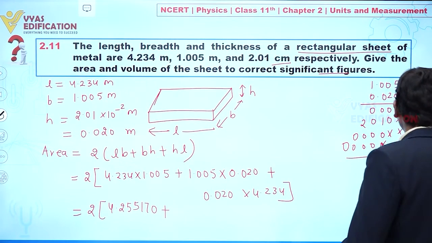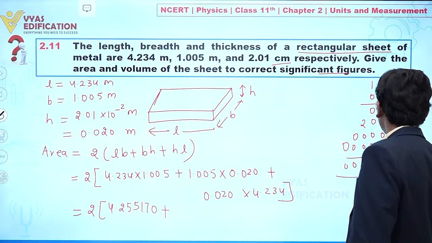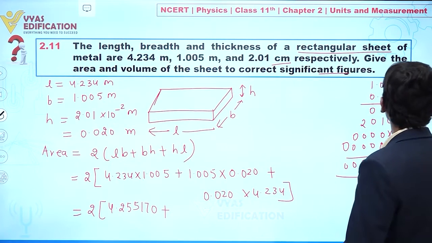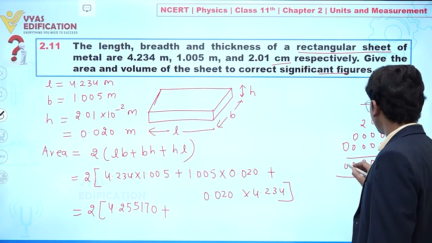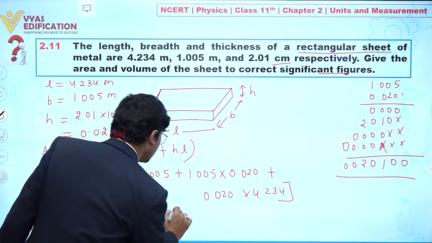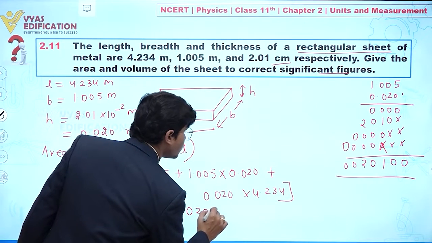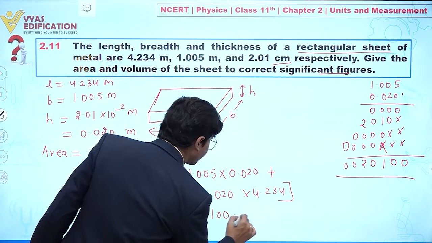So from here you can say 0 0 1 0 2 0 0. If we talk about decimal point 1 2 3 4 5 6, it means we are getting this value, this is equal to 0.0201, clear, 201 and 00 plus.